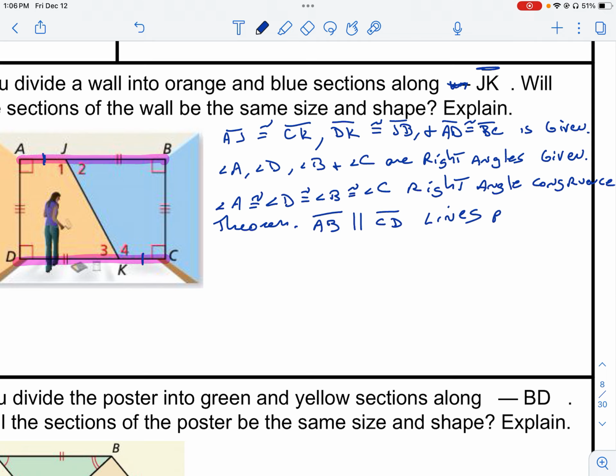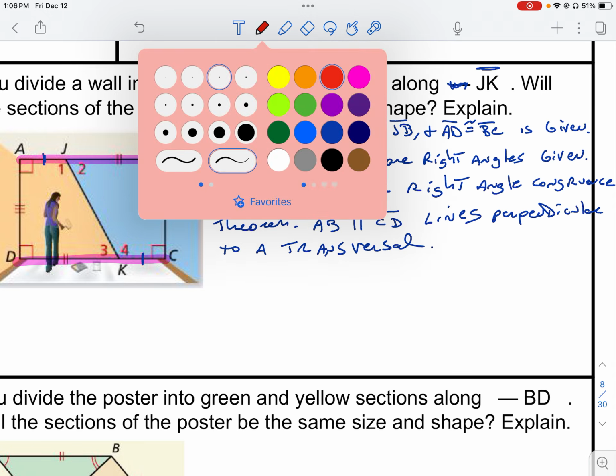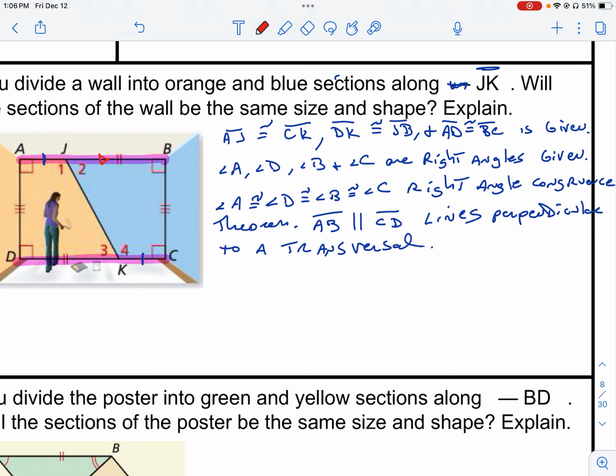Because they are lines perpendicular to a transversal, which we all remember: two lines perpendicular to the same transversal have to be parallel. That's what that is. So we got parallel lines. In fact, let's go ahead and mark that we have parallel lines, so we remember.